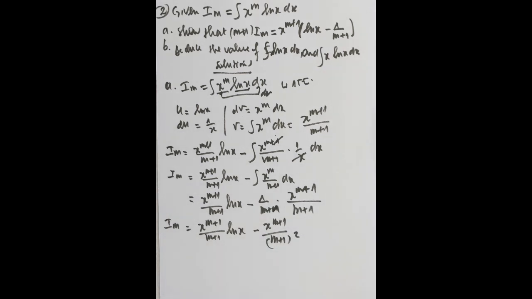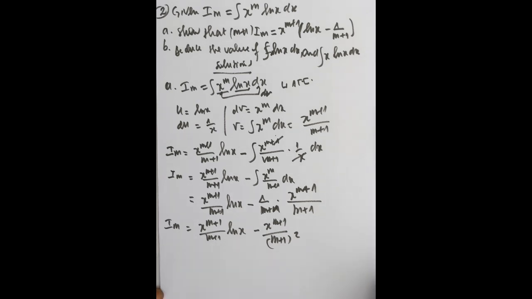So in order to get the asked equivalent or identity, I can see that I can factorize 1 over m plus 1.